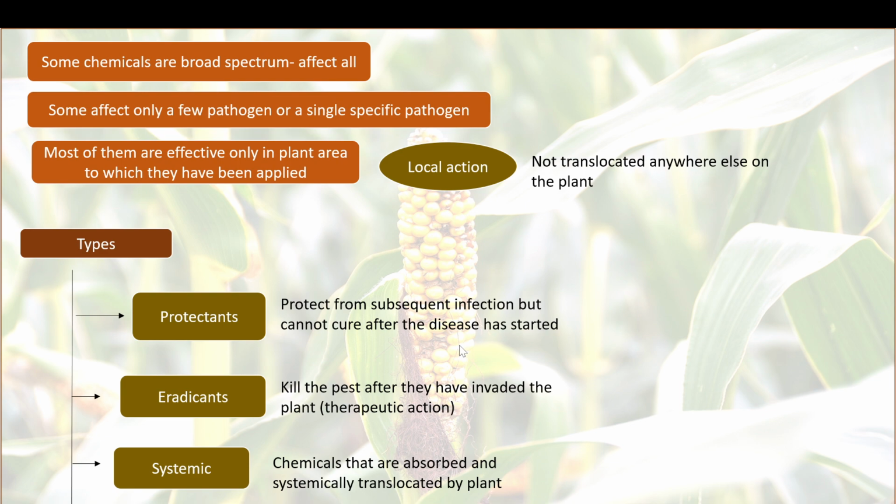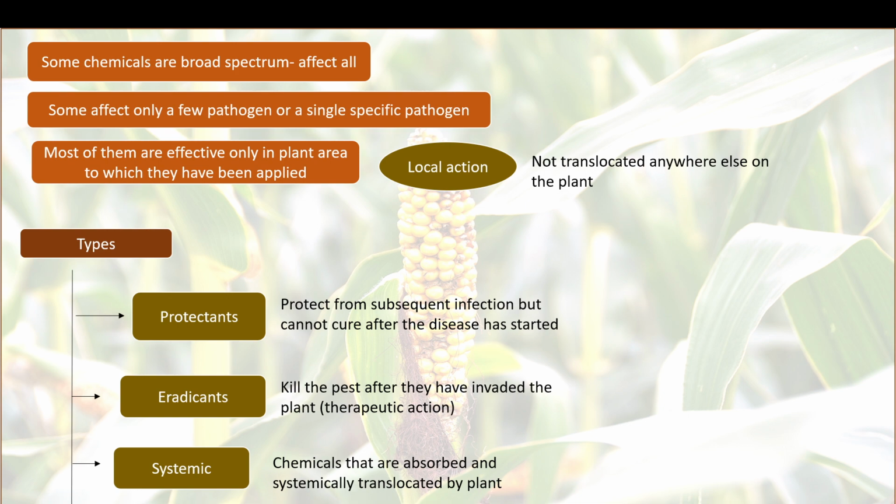These chemicals will protect your crop from any further infection that might happen, but they will not be able to cure the disease that has already started. If the disease has already infested your plant, the protectant cannot help. But if the disease has not entered your plant and the infection is still outside, the protectant can help.